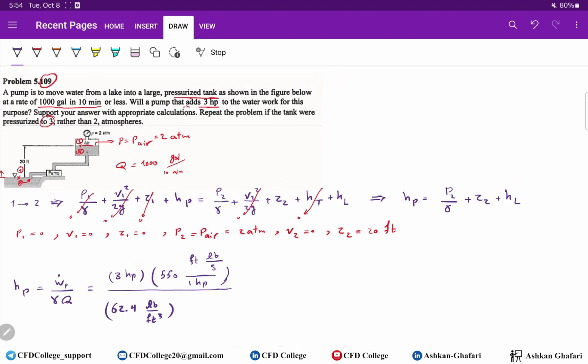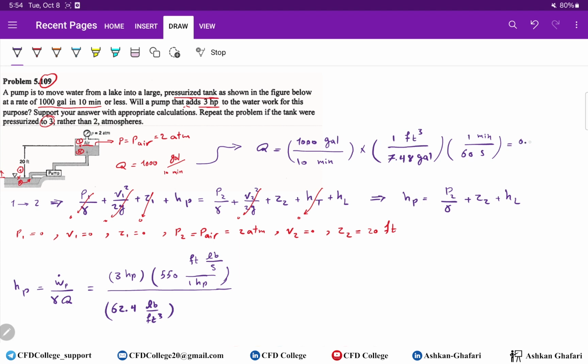Let me find Q first. Q equals 1,000 gallons per 10 minutes. We know that every 1 cubic feet equals 7.48 gallons, and every 1 minute equals 60 seconds.